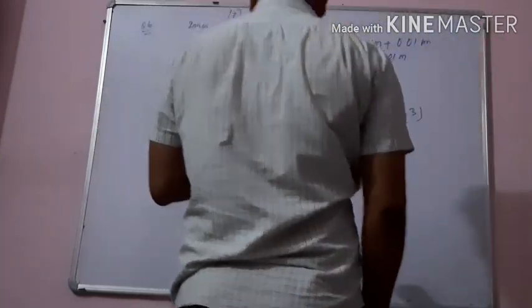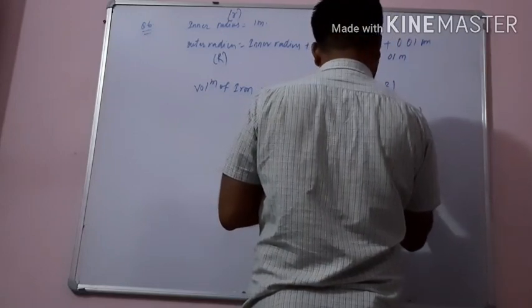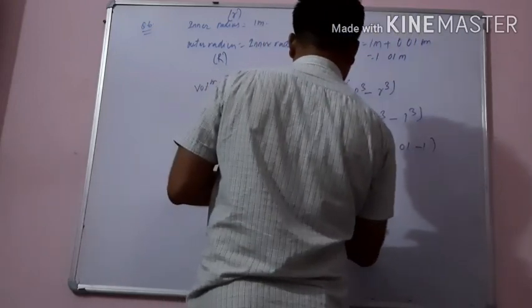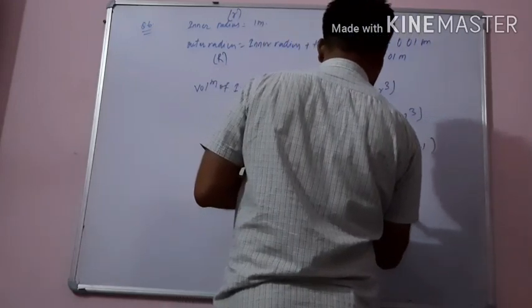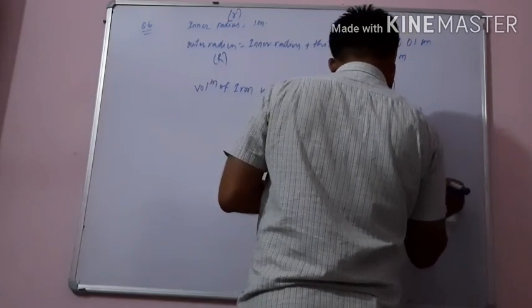It will be 1.030301 minus 1. So 2/3 times 22/7 multiplied by 0.030301 meter cube.